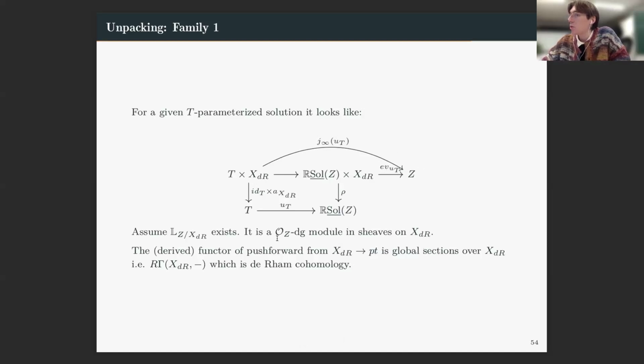And you get an O_Z DG module. Remember, this was A in sheaves on X_dR. But these were, as I said before, morally D modules. So we have an A DG module in D modules. So an A D module, as we saw before. It's all just very derived now and homotopical. And then the push forward from the de Rham space to a point is just global sections over X_dR, and this is just de Rham cohomology.